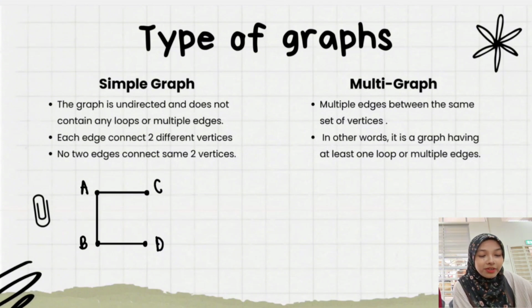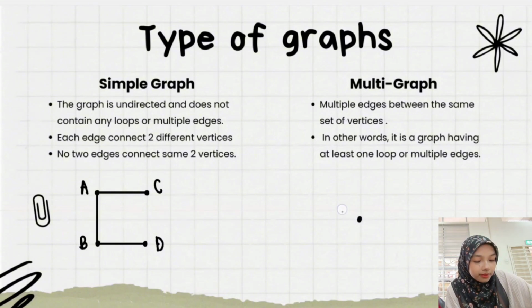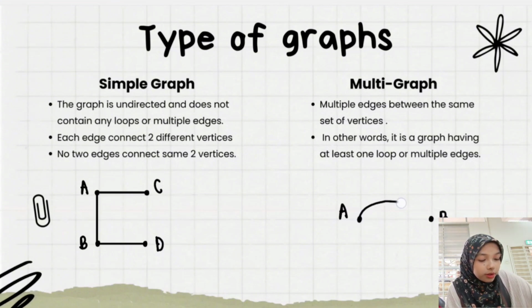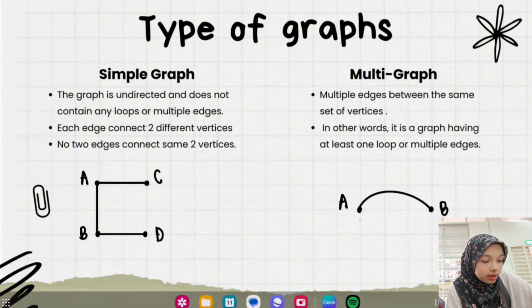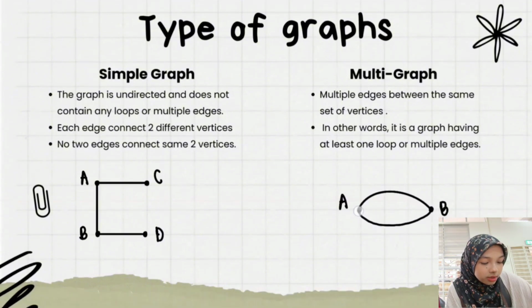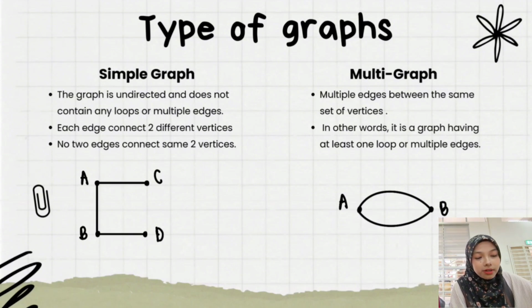Okay, and then we have multi-graph, with multiple edges between the same set of vertices. In other words, it is a graph having at least one loop or multiple edges. So for example, this is point A and this is point B. It says having at least one loop, so I'm going to do A to B and then B to A. So this is the example of multi-graph.